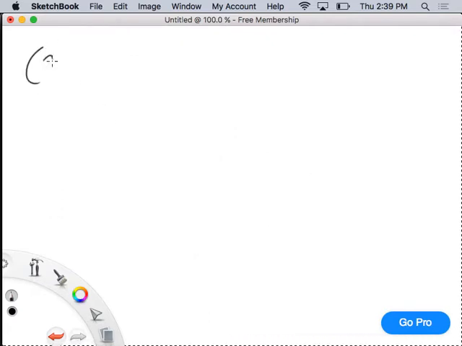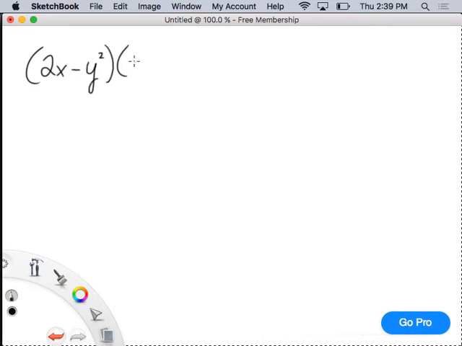Last one. 2x minus y squared times 2x plus y squared. Okay, if you can do this one, you should be pretty solid on basically all of this.